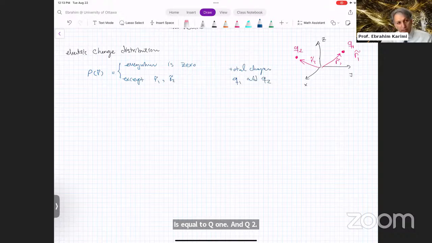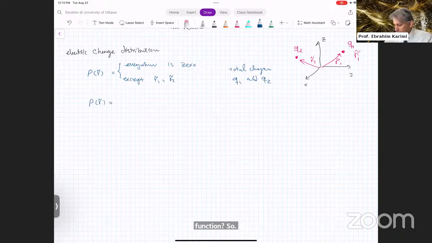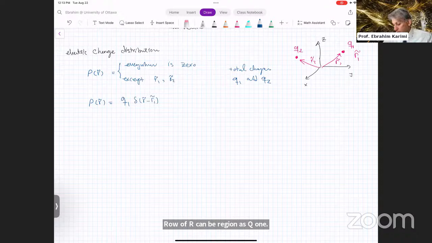How can we write such a function? So rho of R can be written as Q1 delta of R minus R1. That means that the charge density distribution is zero except at R1.